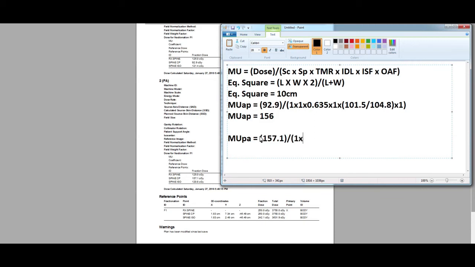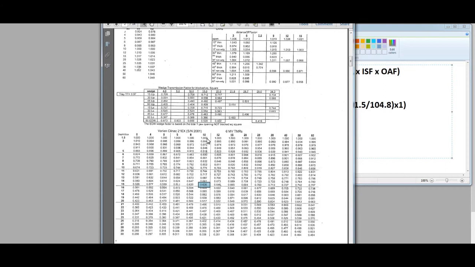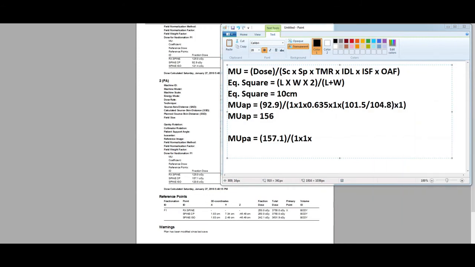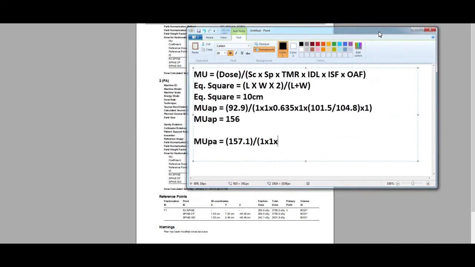My collimator and phantom scatter factors are each going to be 1. My new tissue maximum ratio, now there's a small magnification difference here. So 10 centimeters tissue max ratio at, what was my depth? 5.3.